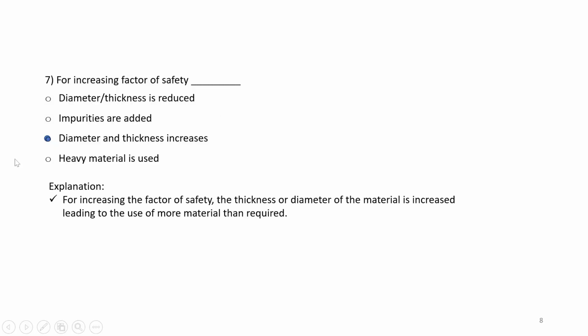But even as you are increasing the material used, if it fails at a later time, you will require fewer changes in that particular appliance. So you have to compromise between material usage and the factor of safety.